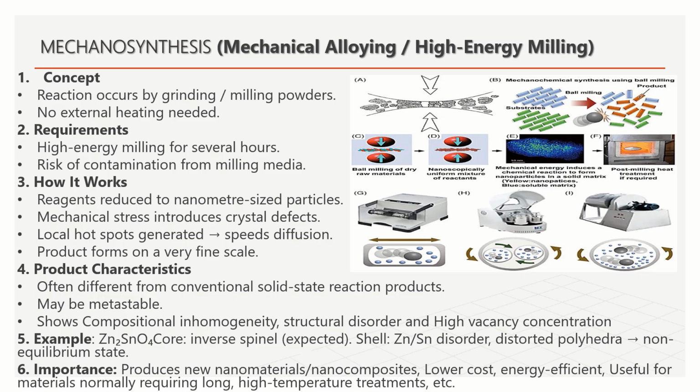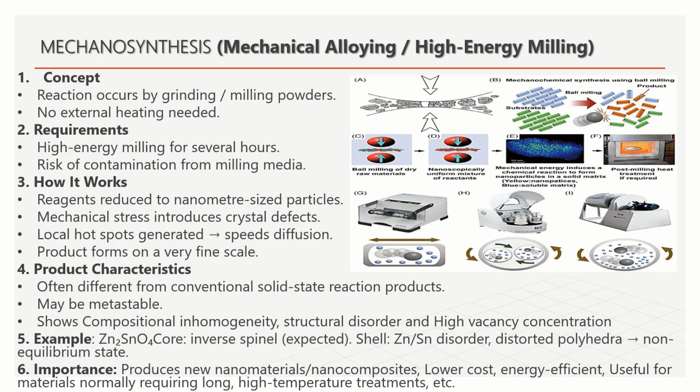The powder becomes extremely small, and the particle sizes are crushed down to nanometer scale, which dramatically increases the surface area and reactivity. And crystal defects are created. Mechanical impact creates dislocations and vacancies, distorted crystal regions. Thus, these defects act as fast pathways for the atoms to move.